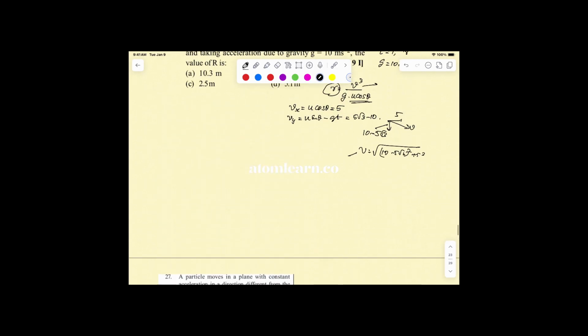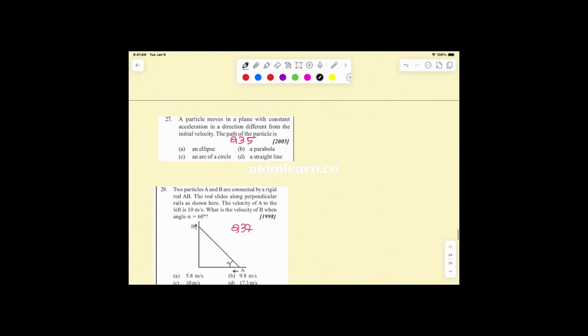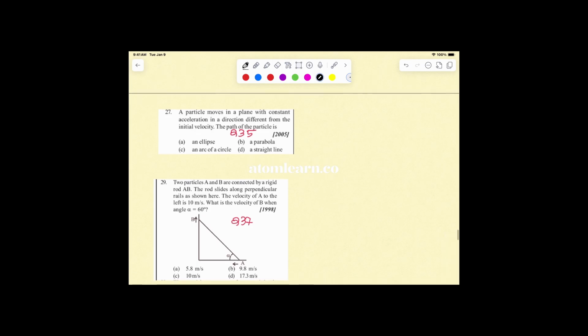Okay, let's go to the next question, question number 27. A particle moves in a plane with constant acceleration in a direction different from the initial velocity. Then the path of the projectile is? Now this is very similar to a projectile. You have a u at an angle theta with the horizontal, whereas the constant acceleration g is vertically downward.